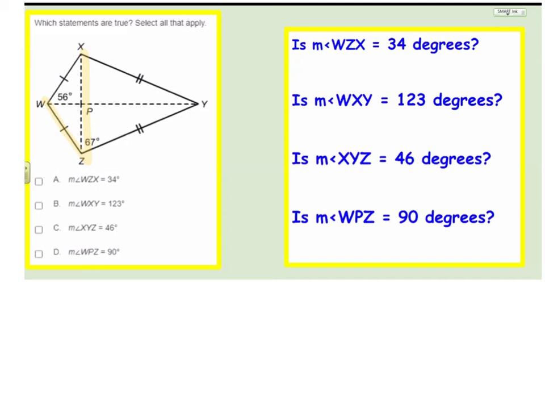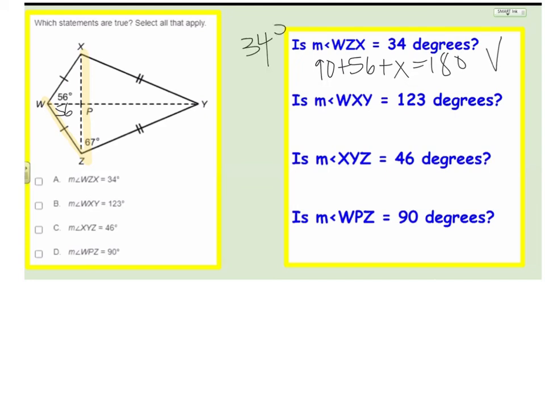So we know that this guy, let's get that really tiny, this guy is 56. Okay. And so I would use that triangle sum theorem. So 90 plus 56 plus x is 180 degrees. So is it 34 degrees? Does that make that work? So let's see. 180 minus 90 minus 56 gives me 34. So yes, that one should be 34 degrees.